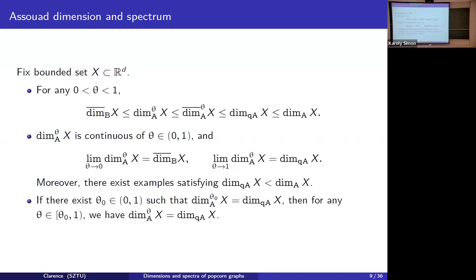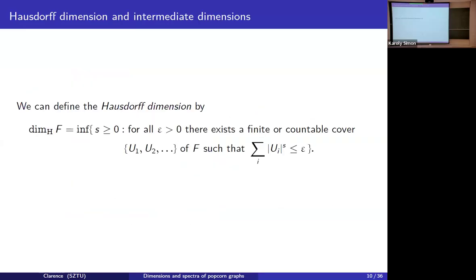Moreover, if there is some value theta 0 such that the R-squared spectrum reaches the quasi-R-squared dimension, then for the rest of the spectrum, the R-squared spectrum always equals the quasi-R-squared dimension.